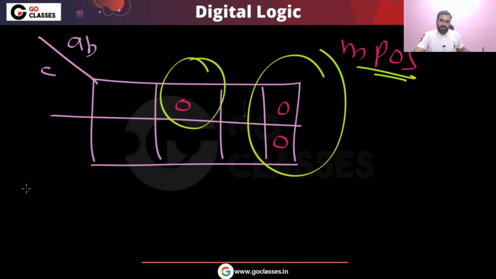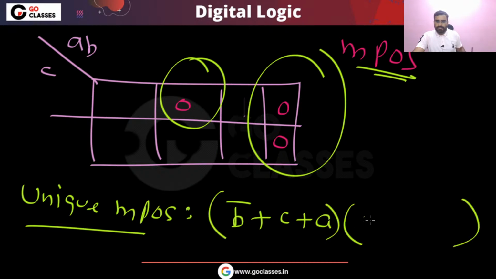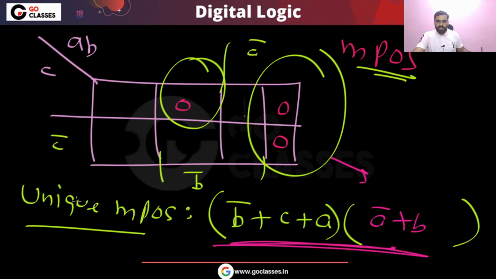So the unique minimum POS that you will get is (B bar) or C, or A. You can check it, because this is the area B bar, this is the area A bar, this is the area C bar. So finally this will be in the area A bar or B.